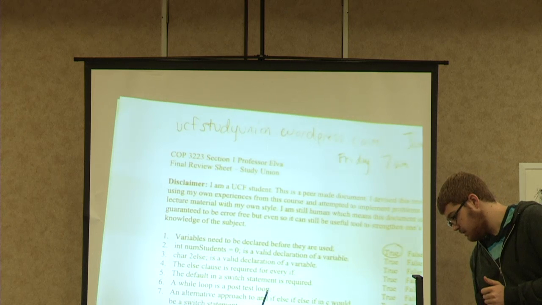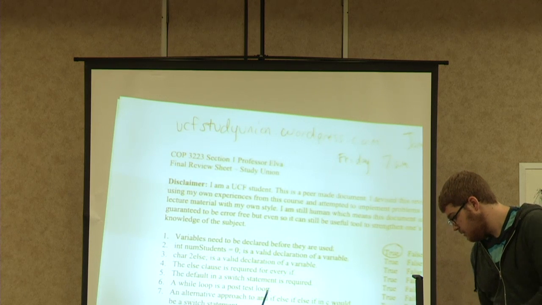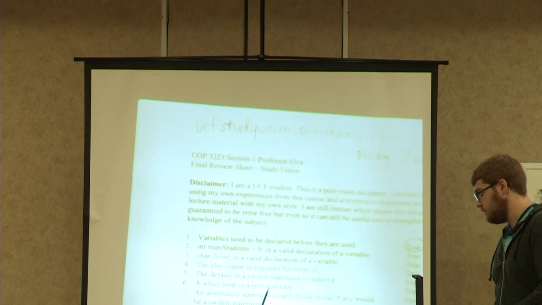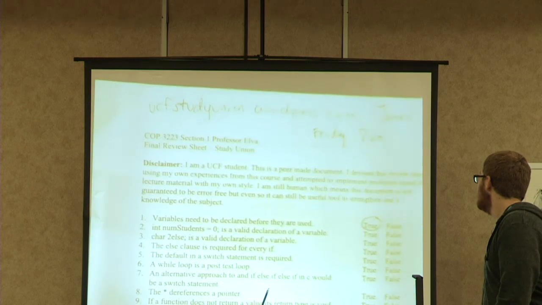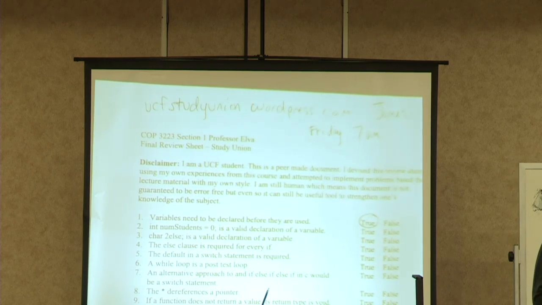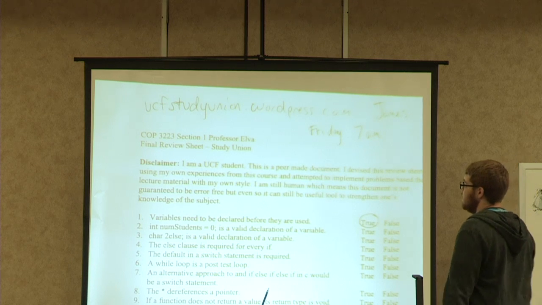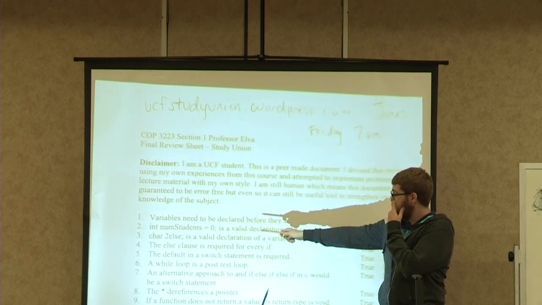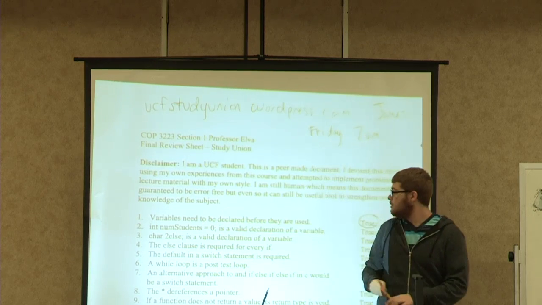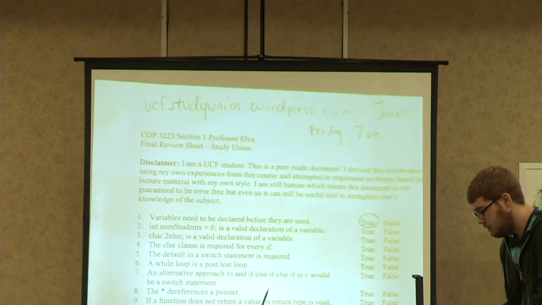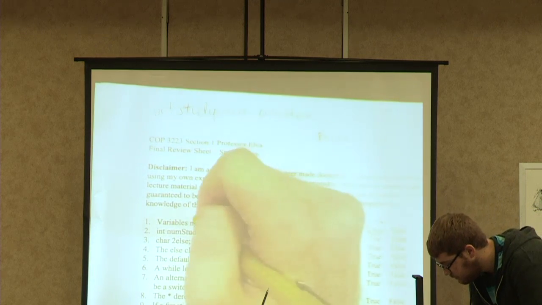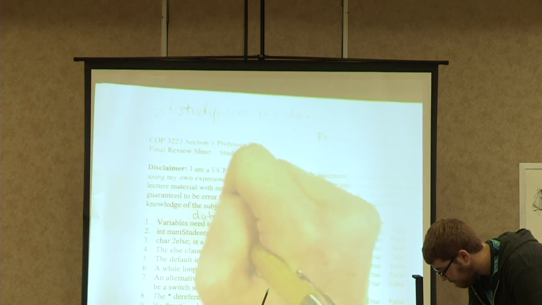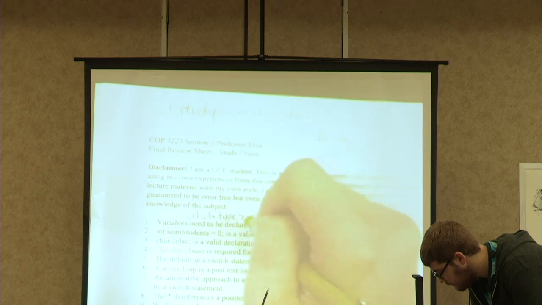Okay. int numberOfStudents = 0; is a valid declaration of a variable. Is that true or false? False? Why do you think so? No, you're actually fine with that. This one has the data type, the name, and then it could just go down to its data type, then the name of the variable.